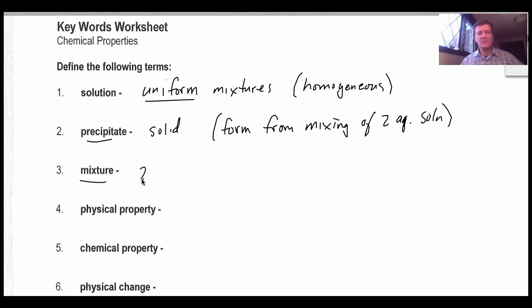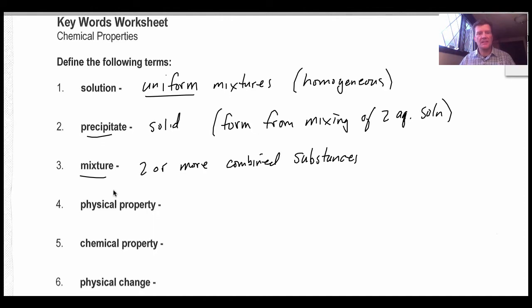A mixture, you have two or more combined substances. And we might be able to separate that mixture, okay, depending on the properties of the different substances that are being combined together.